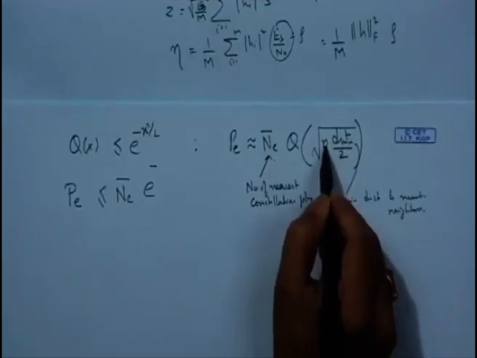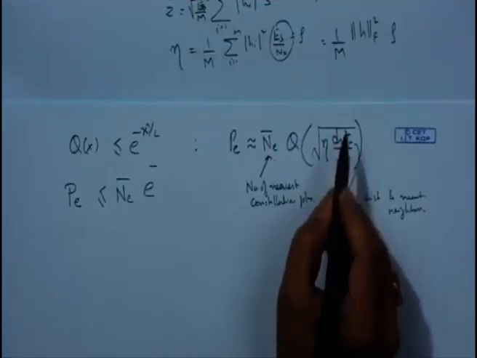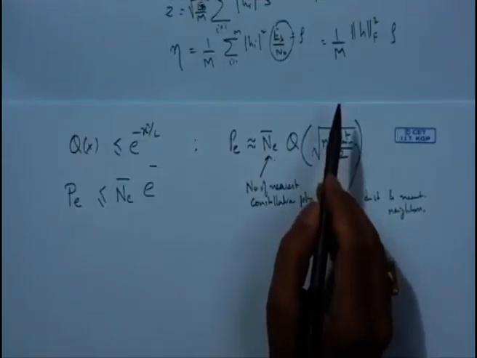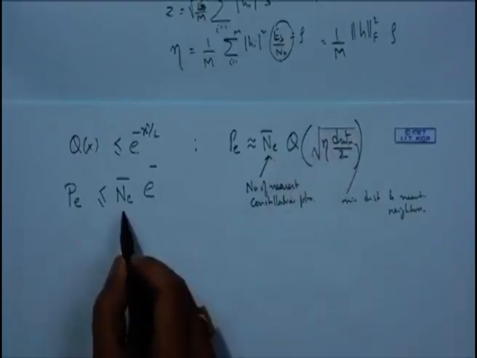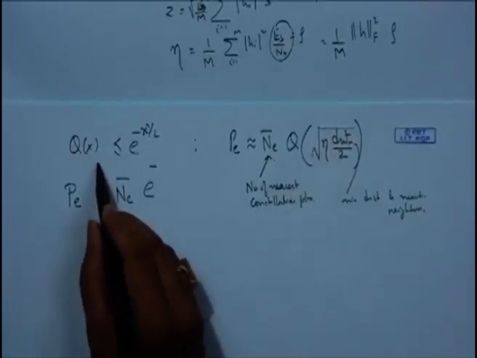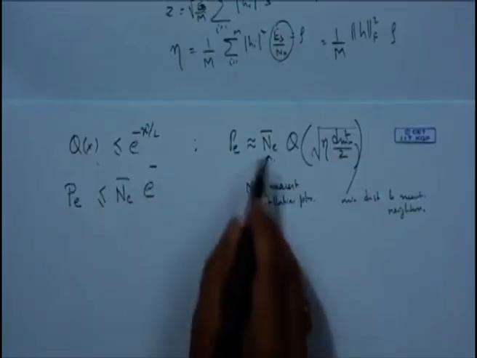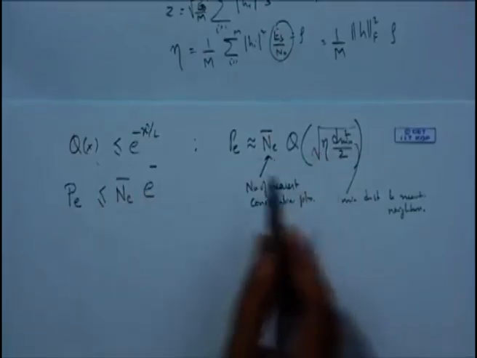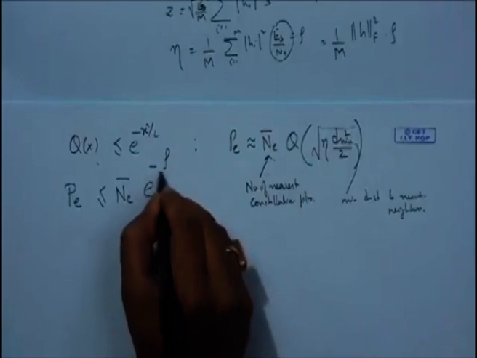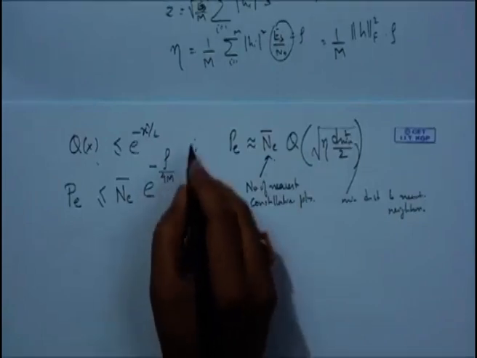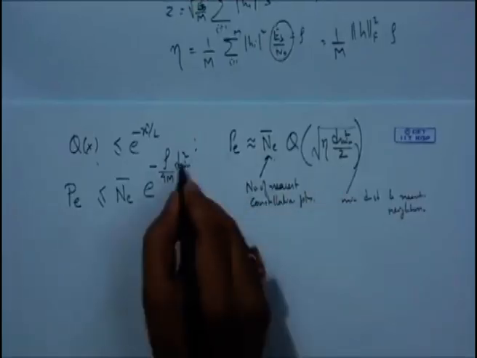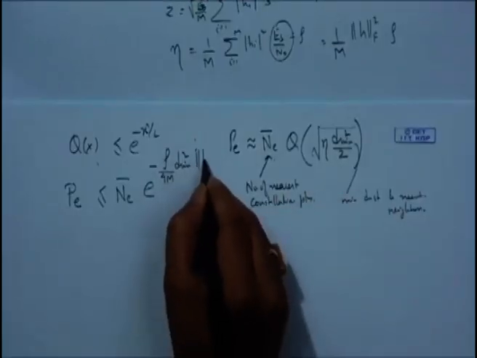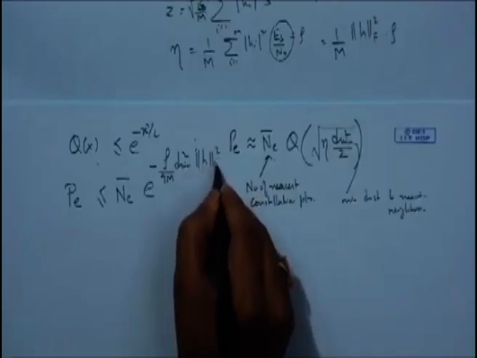So basically in case of an AWGN channel it is Es by N0, and in our case we have the channel coefficient also multiplied with that. Given this, we could write the probability of error with this approximation as less than, expanding fully, rho by 4m d_min squared |hf| squared.